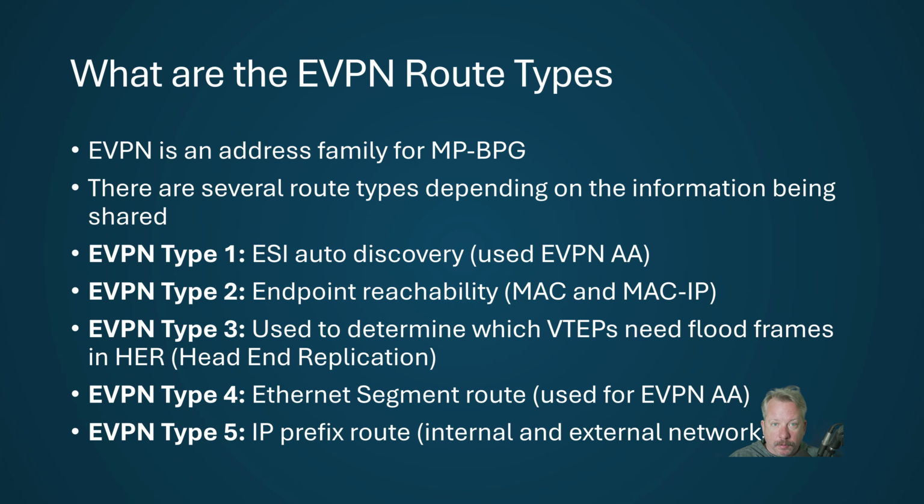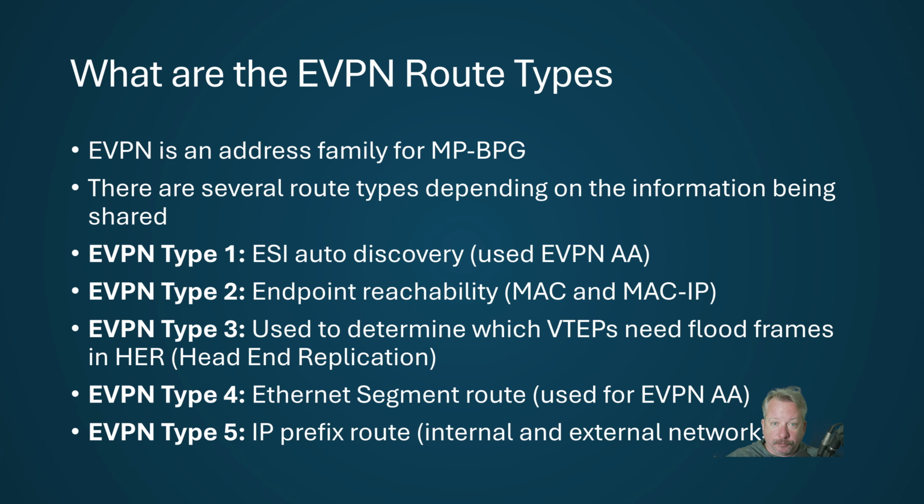EVPN is an address family for multi-protocol BGP, or MP-BGP. There are several route types depending on the information being shared. BGP is about sharing information, and we encapsulate that information into different types.